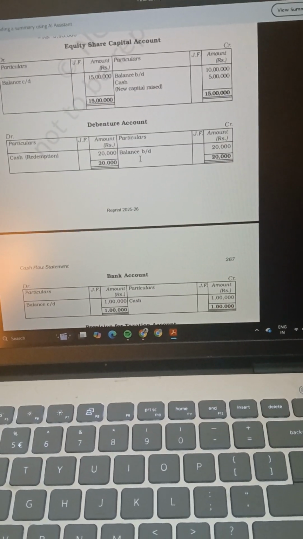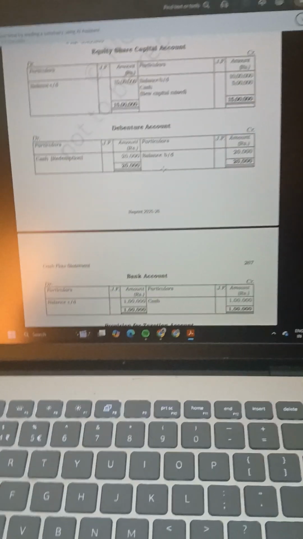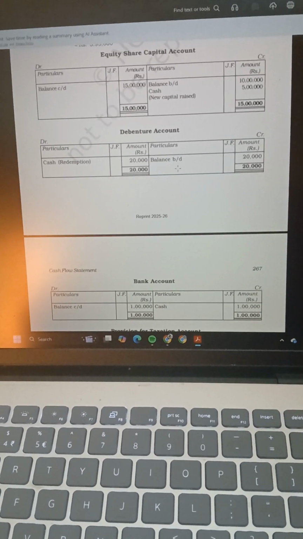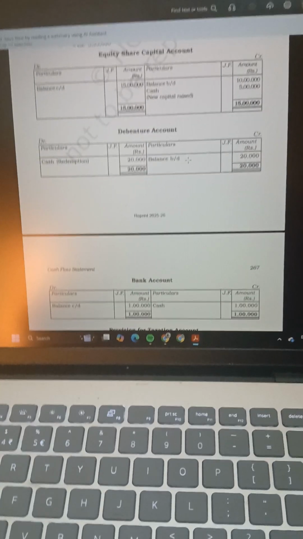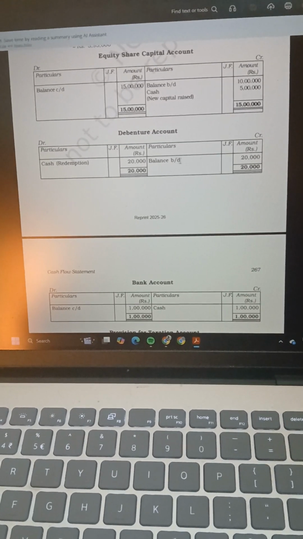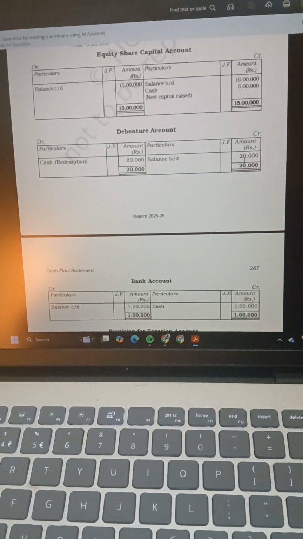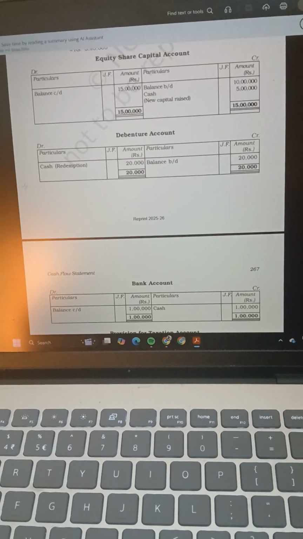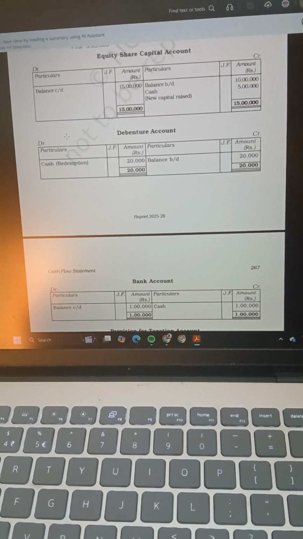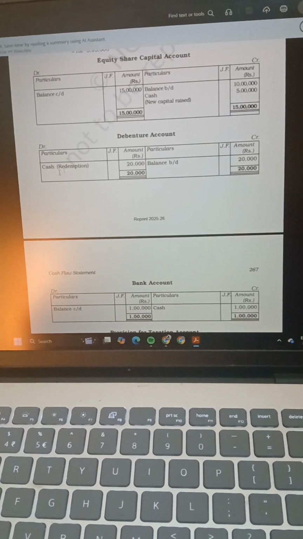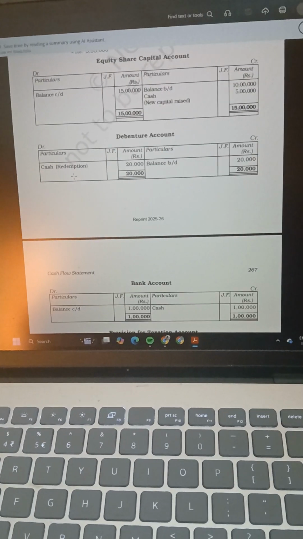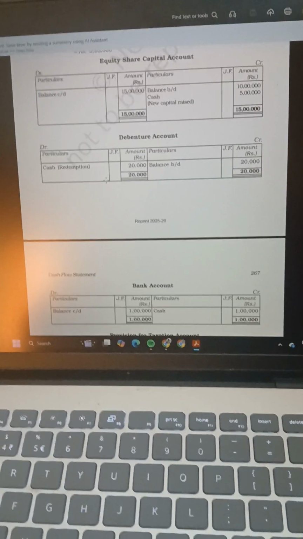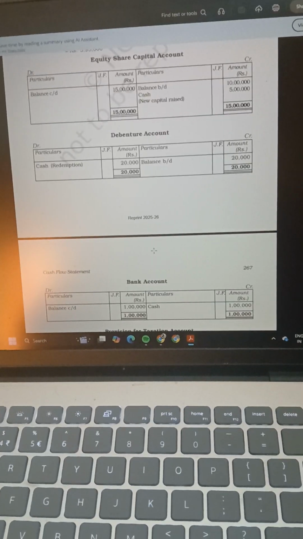So balance brought down, it's also a credit liability figure, 2 lakh. Then the redemption is made as per the question. So it is to be written in the debit side as cash, redemption, same amount.